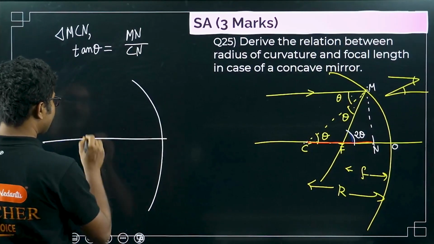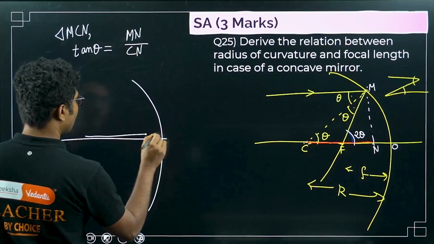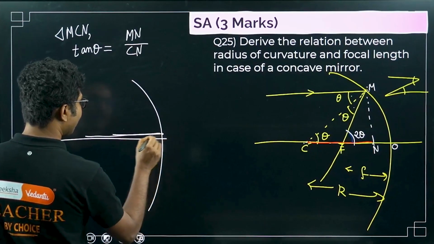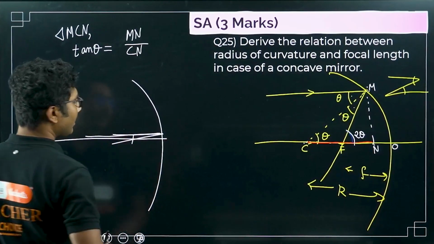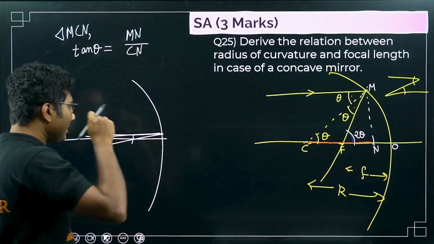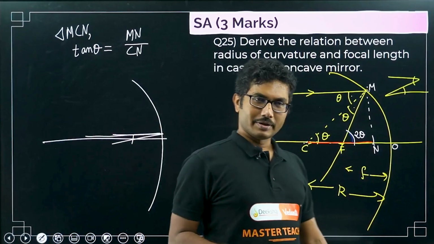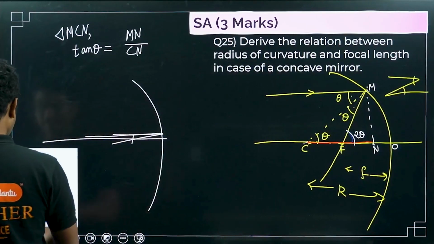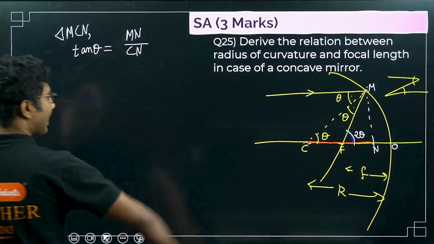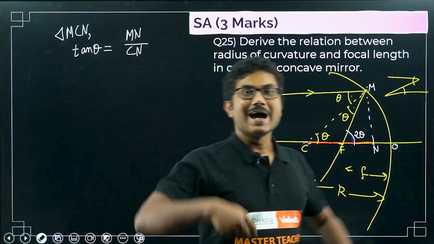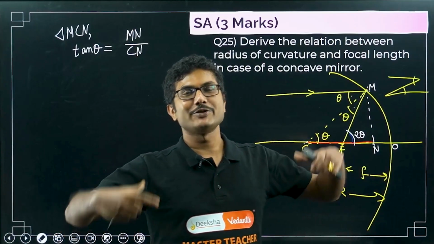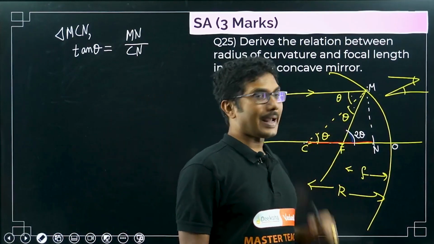If I draw it like that, will you be able to see it correctly? It is a waste of time, you would need a microscope to see this. So when drawing, we will draw it as if the ray is very far apart, but while understanding it, we will assume in our head this is a paraxial ray.